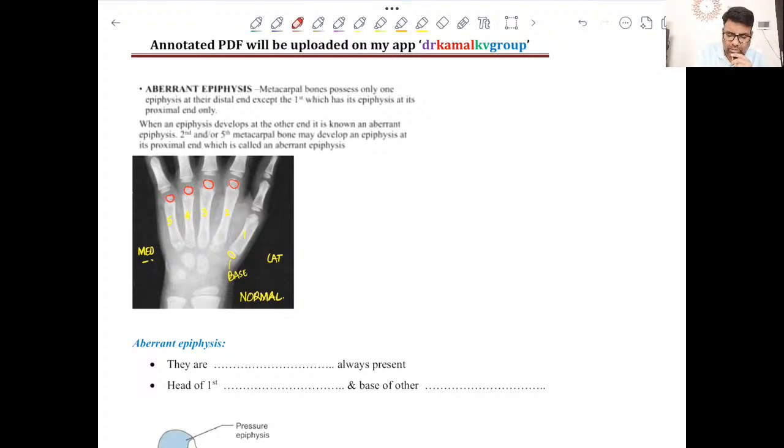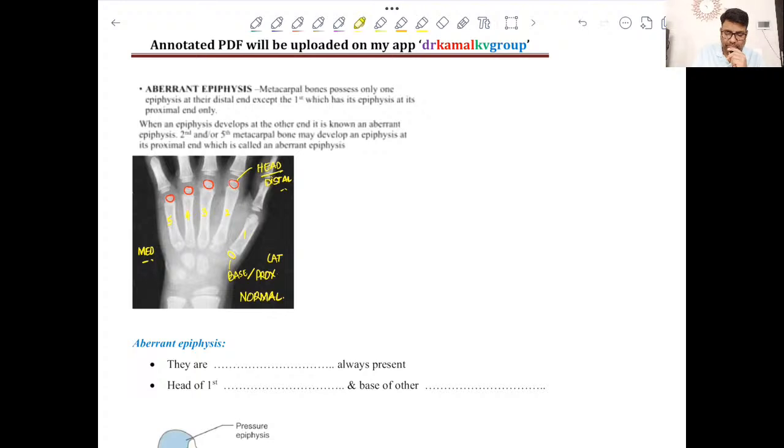So this is base or proximal end, and here this is head or distal end. This is normal. For first it is at base, and for second, third, fourth, fifth it is at the head area or the distal part.